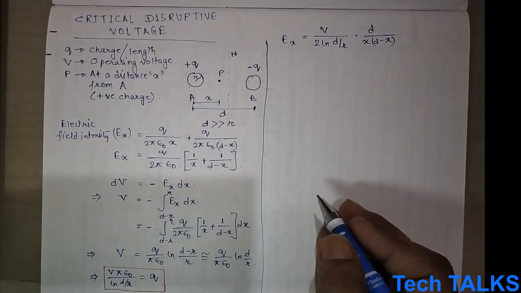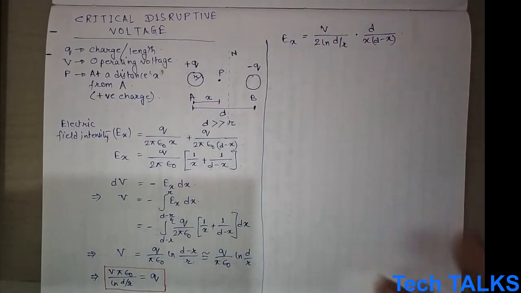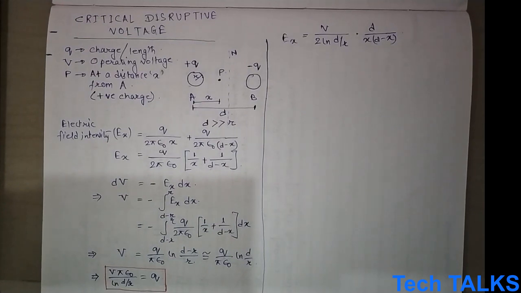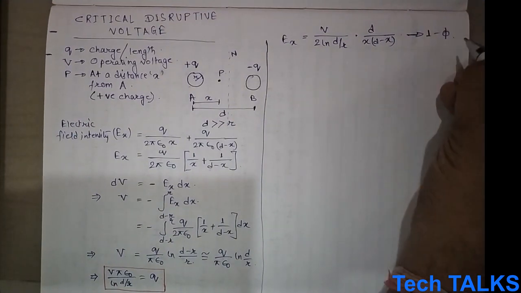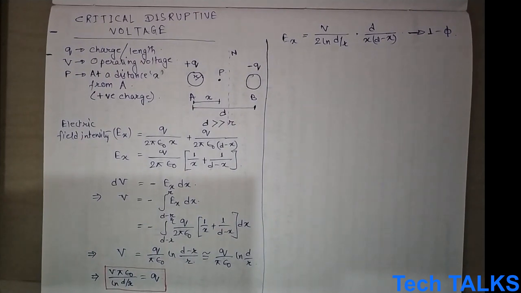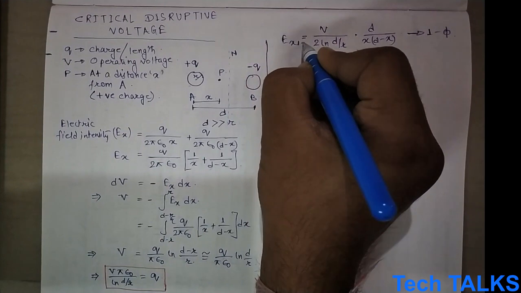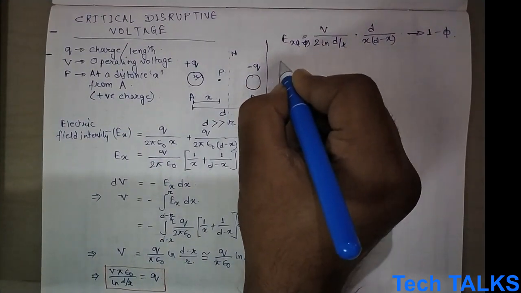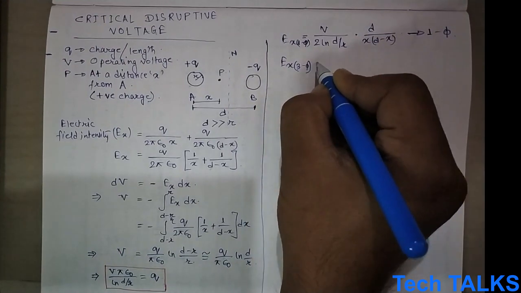Now if we move on to a three-phase system, this Ex is for single phase. If we move on to a three-phase system and do the derivation in the same way, then we will get V dash by ln d by r into d by x (d minus x) at any point x.